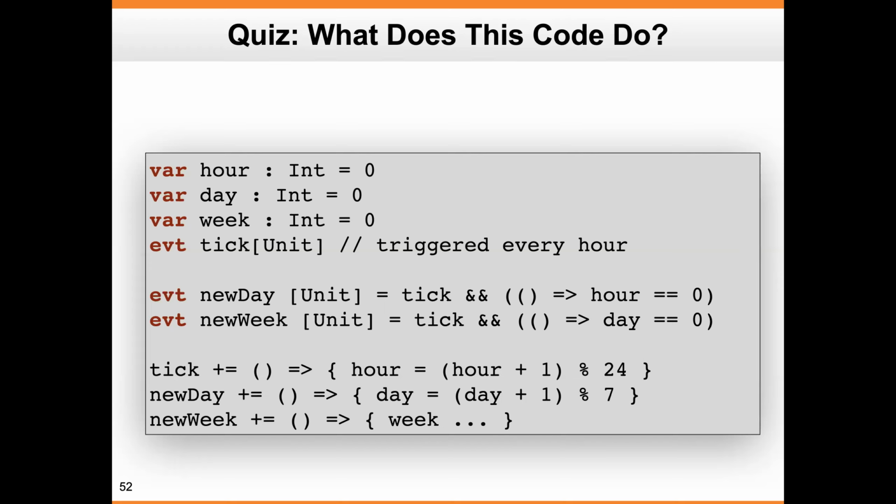And in the lower part of the code, you see these plus equal operators, which attach to all three events one callback. The first callback attached to tick changes the variable hour. So every time a tick occurs, the event tick is triggered by the operating system, let's put it this way.